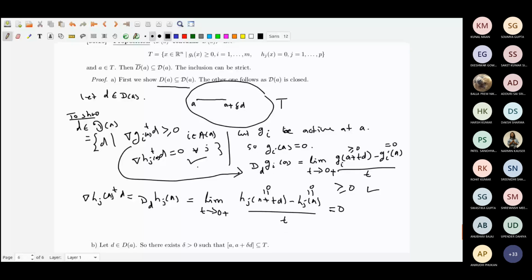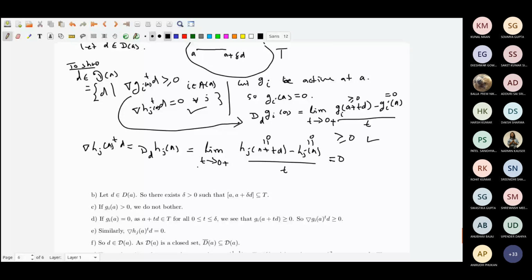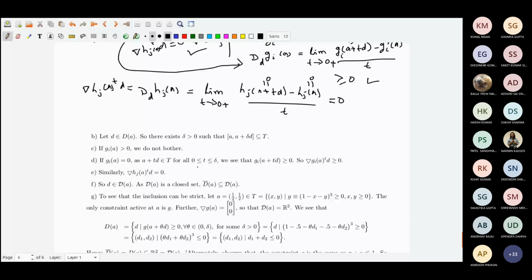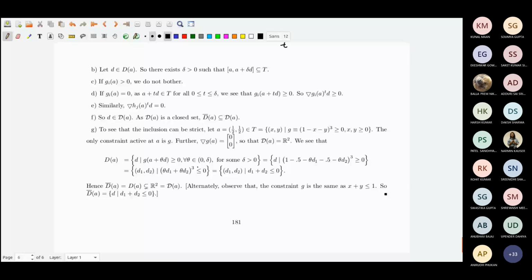Now to see that the inclusion can be strict, you have to look at this function. I am taking this kind of a set so that the inclusion can be strict. To compute that, take the first one, G1, which is 1 minus x minus y, whole cube.